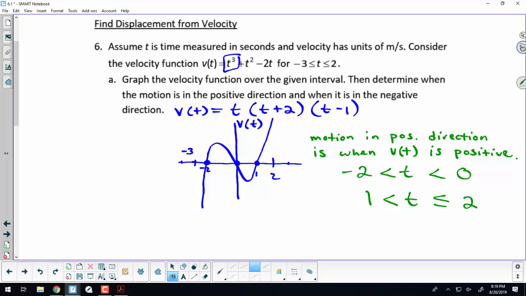Okay. Very similar thing for when the motion is in the negative direction. Motion in the negative direction is when velocity is negative.